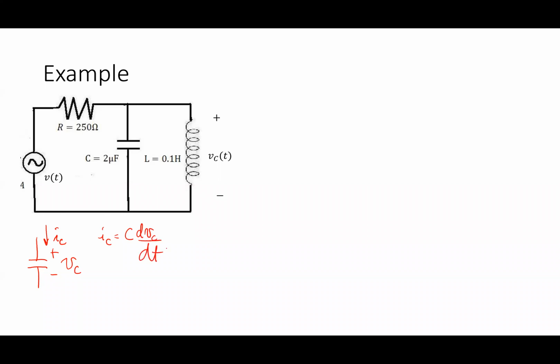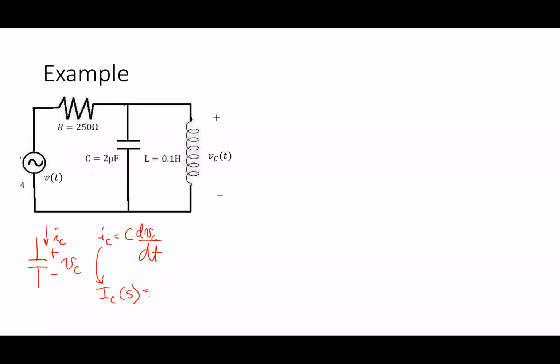The idea with the Laplace transform is that if I Laplace transform both sides of that expression, what happens to the two time variables, I sub C and V sub C? They become I sub C of s and V sub C of s.